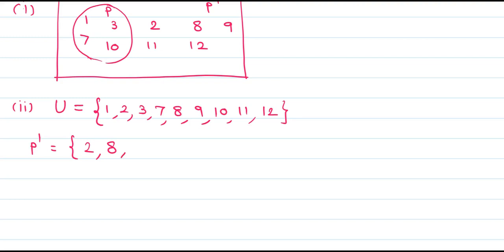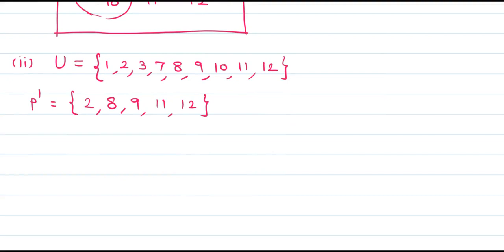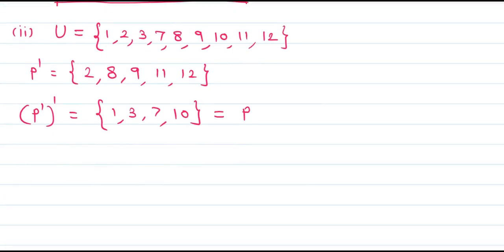Its complement is 2, 8, 9, 11, 12. And again we will find out the complement of that complement, in curly bracket, 1, 3, 7, 10. That is a complement of 2, 8, 9, 11, 12. It is 1, 3, 7, 10, that is equals to P. This is nothing but the P.